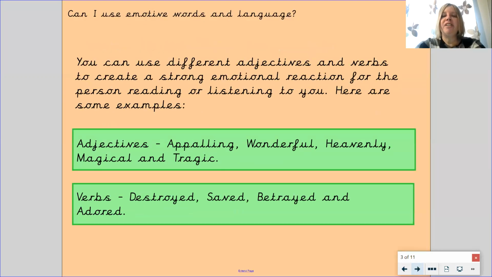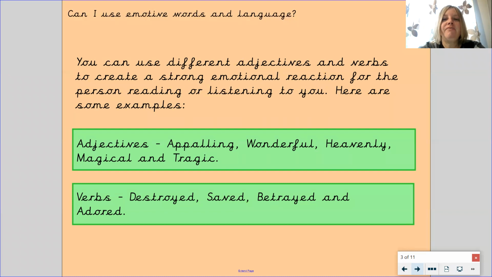You can use different adjectives and verbs to create a strong emotional reaction for the person reading or listening to you. Here are some examples. Let's have a look at the adjectives that could create a strong emotional reaction: appalling, wonderful, heavenly, magical, tragic.